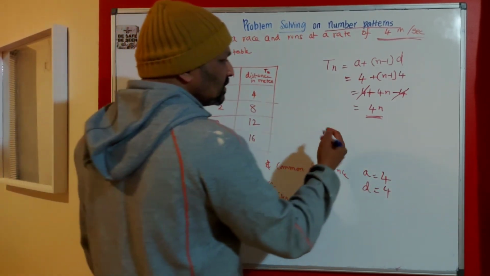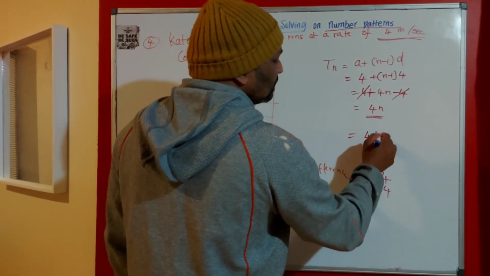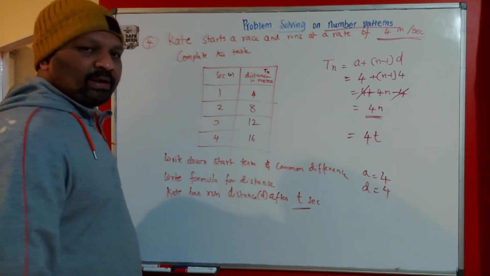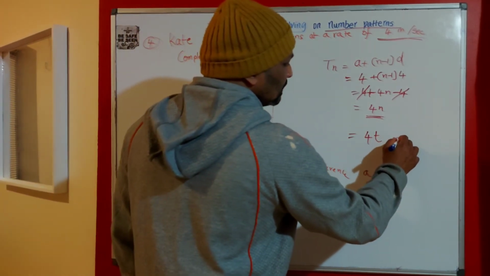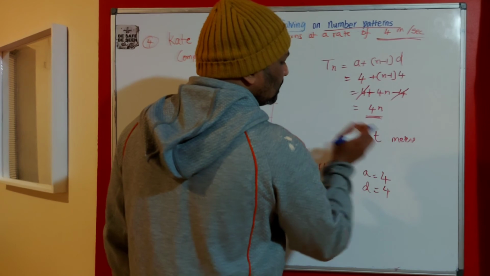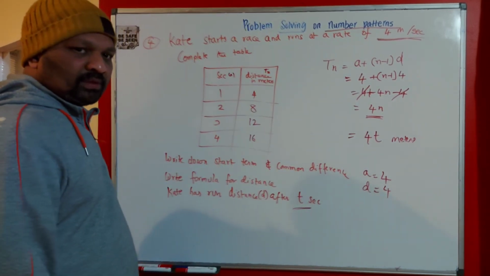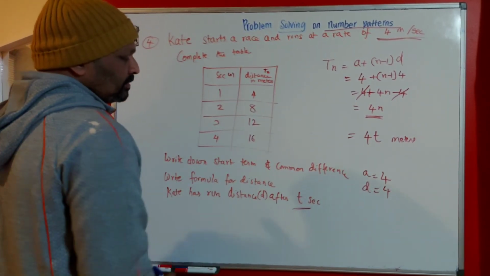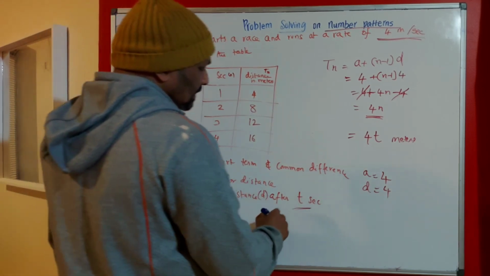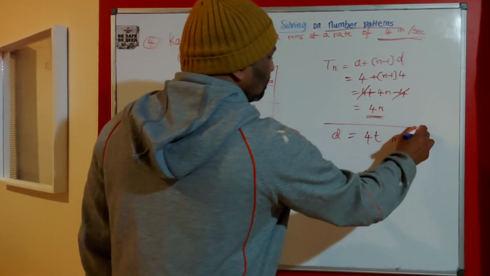After T seconds, she is going to cover 4T meters, isn't it? I just replaced n with T. So Kate has run a distance D where D is equal to 4T meters.